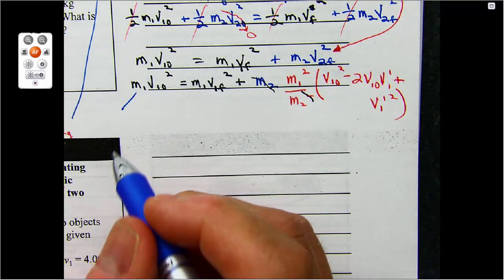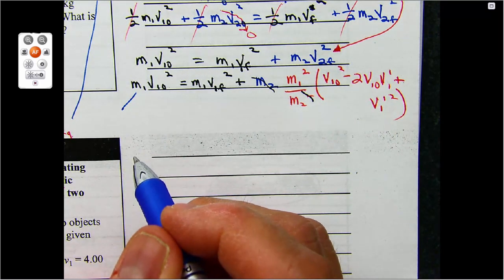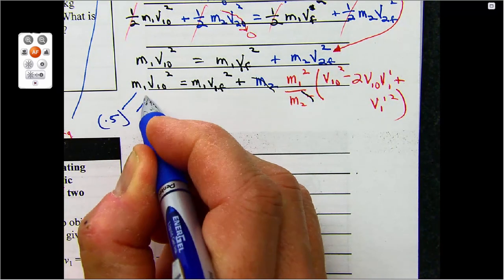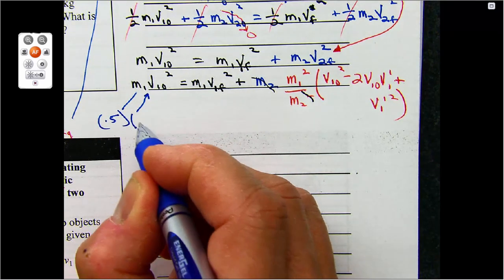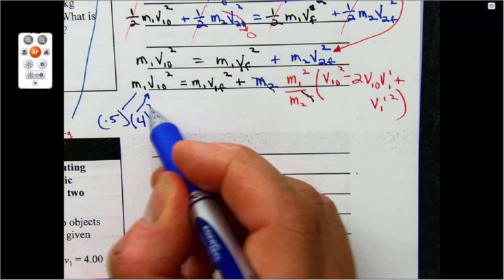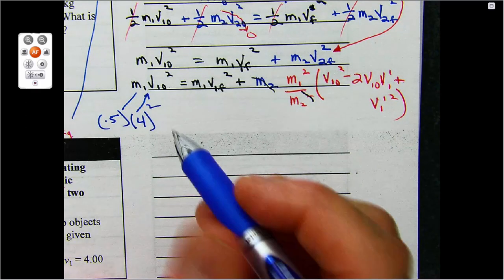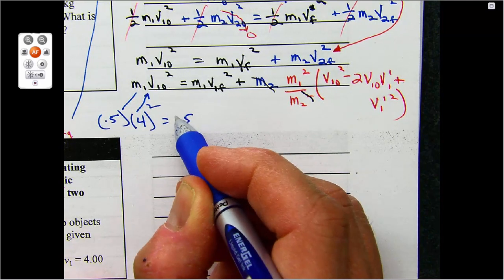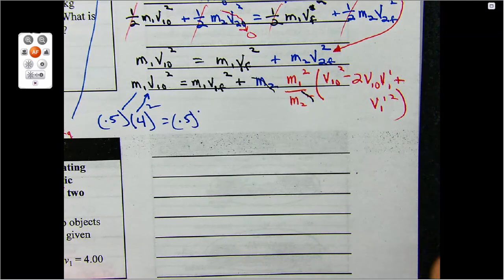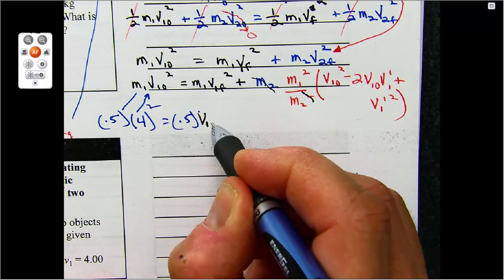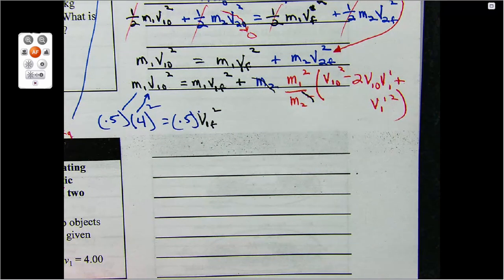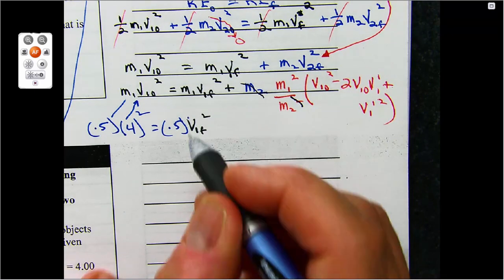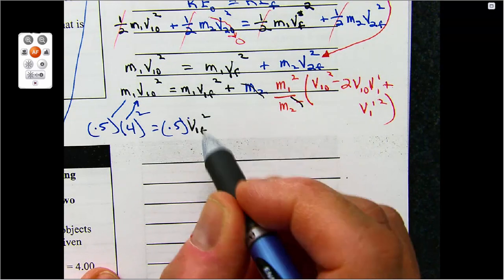So this right here is 0.5. That is initially going 4. So we got to square it yet. This right here, mass 1 is 0.5. This is V1 final squared, which is V1 prime. So I'm going to leave it like this.